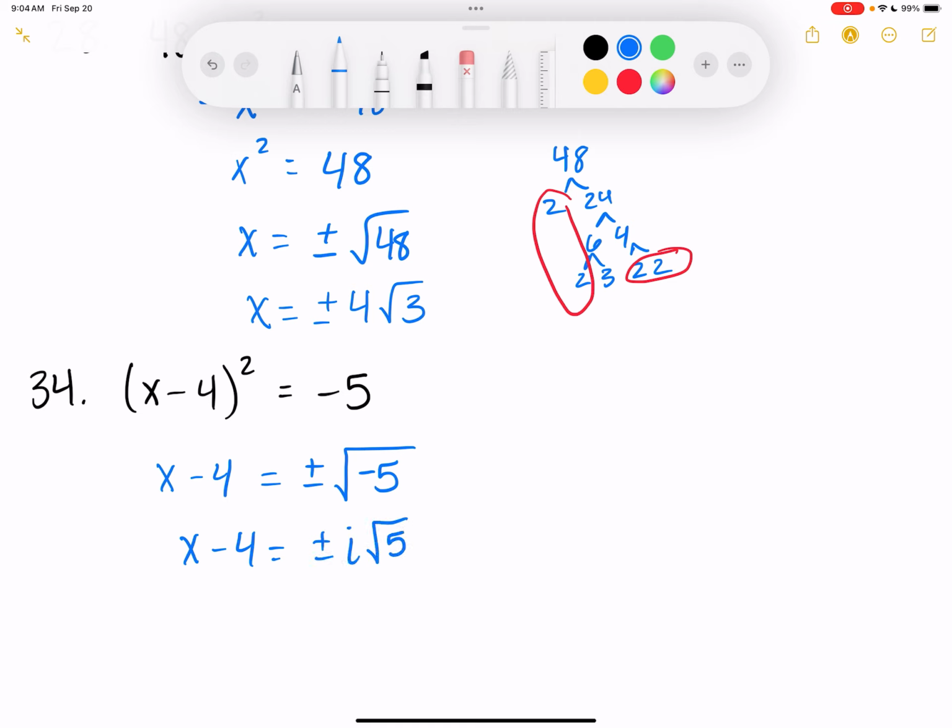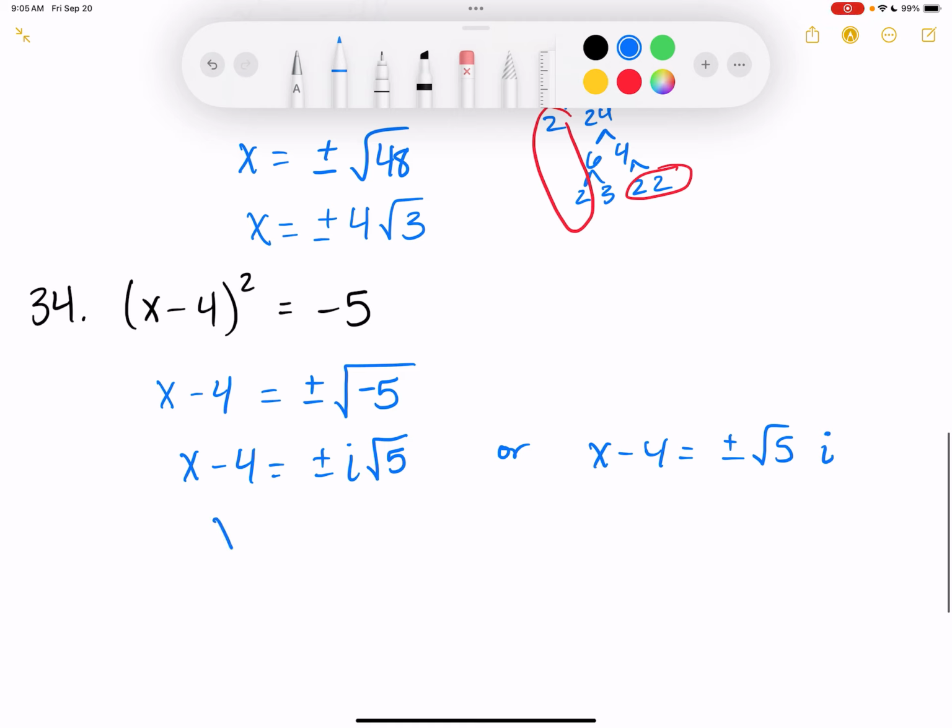If you wanted to instead write it as plus or minus root 5 and draw the i out here so you can tell it's not under the radical, that's fine too. But I usually just do this so it doesn't get confused. Now I still need x by itself, so I need to add the 4 over. So I get x equals 4 plus or minus i root 5, and that would be my final answer on that one.